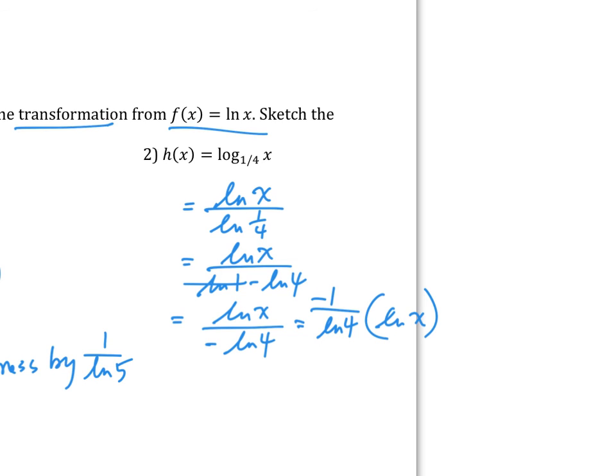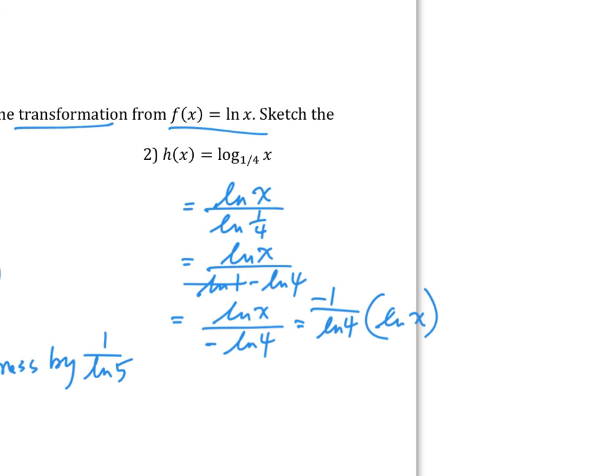All right, so there are 2 transformations on this. One is this negative. This negative is on the outside of the function, so we'll talk about what that does. This 1 over natural log 4, I have to figure out what that number is in order for me to figure out if it's a compress or stretch. So again, I'm going to use my calculator. 1 over natural log 4 is 0.721.